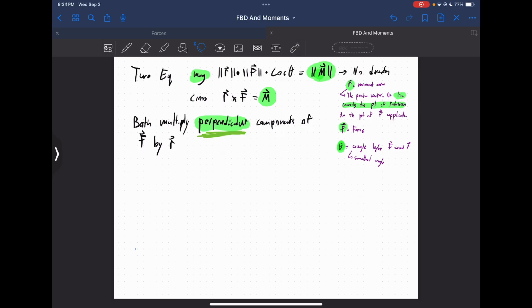Well, if we look at this equation, we know this equation we normally write as Rx Fy minus Ry Fx, right?